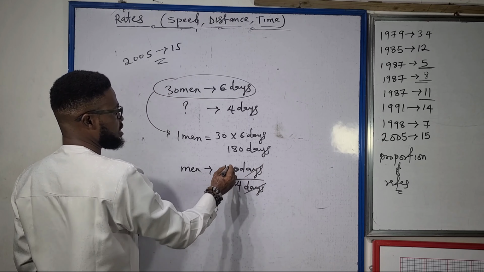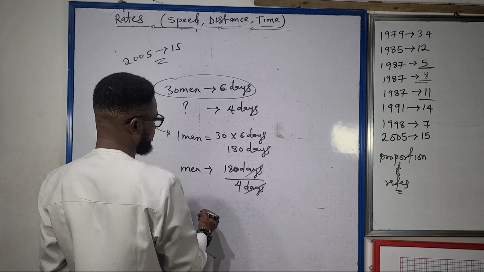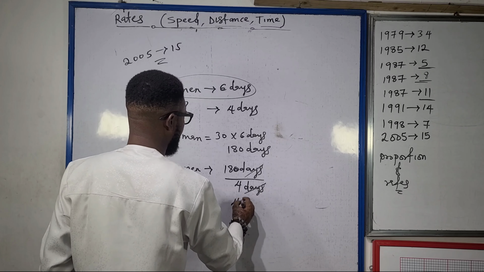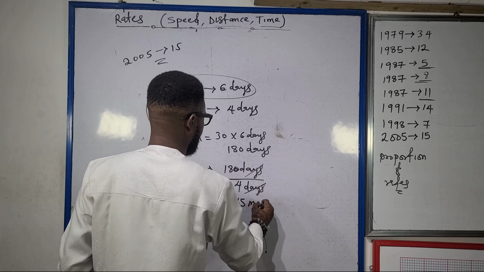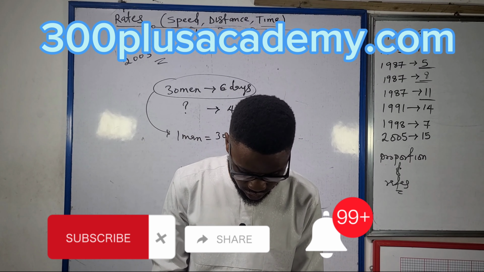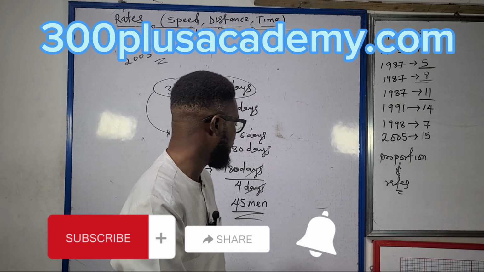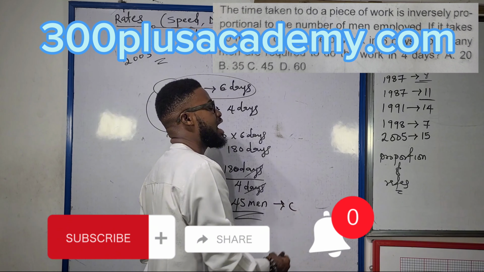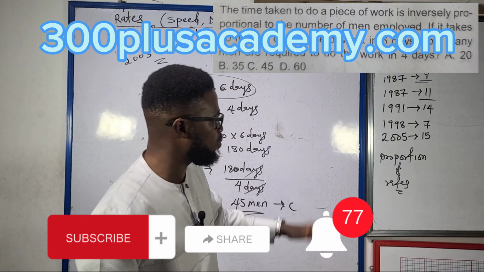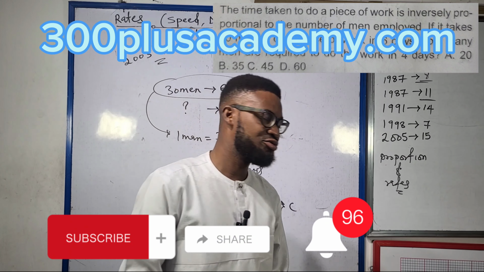Days cancels days. 180 divided by 4 is going to be 45 men. If you look at the options there, you have 45. That is option C.